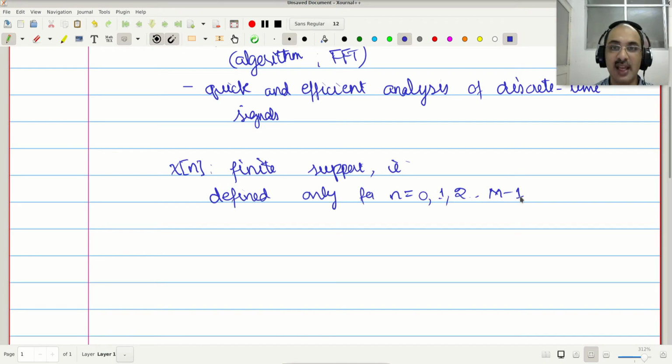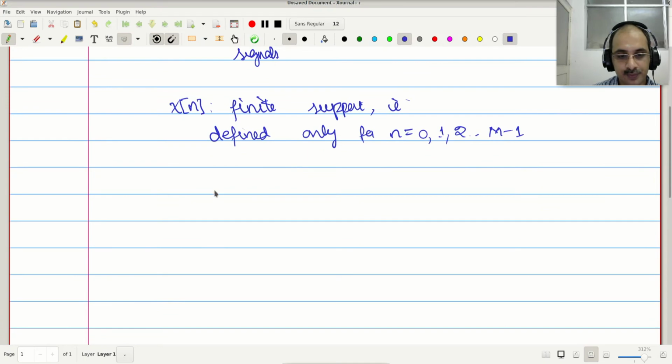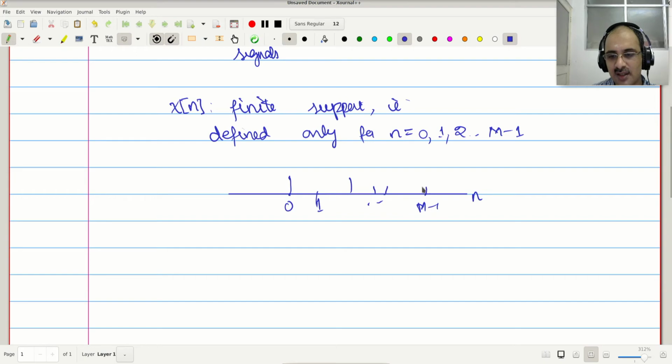So x[n] has finite support: if this is n, this is 0, this is 1, and this is M minus 1, it is only here that the signal is defined. It is defined only between 0 and M minus 1.